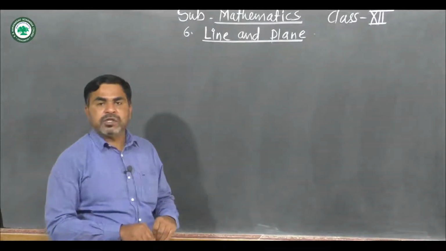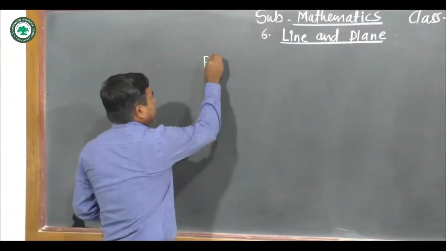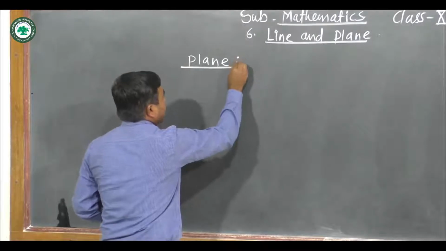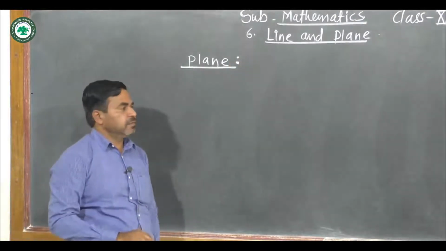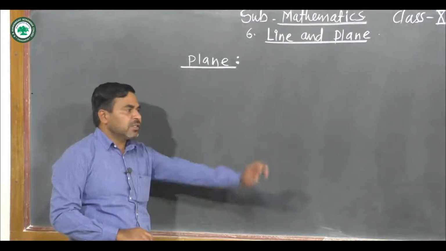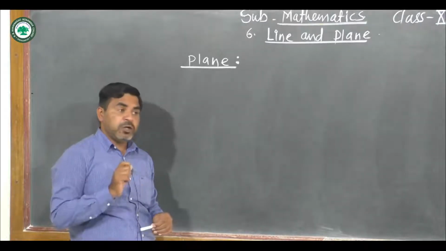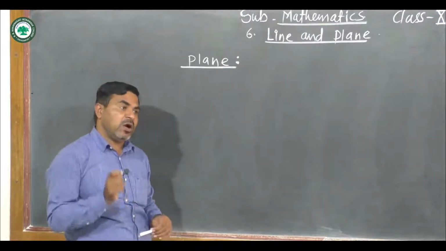Today we are going to see plane. Plane is a surface such that the line joining any 2 points on it lies entirely on it.